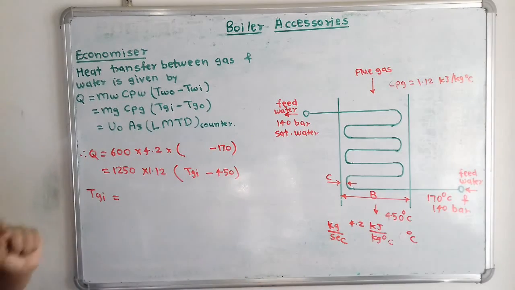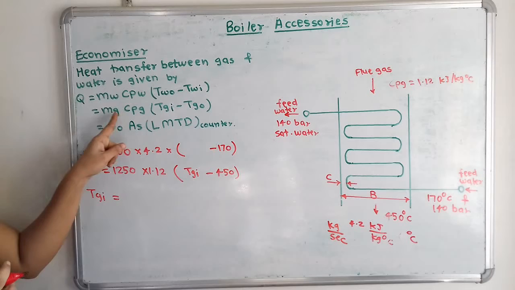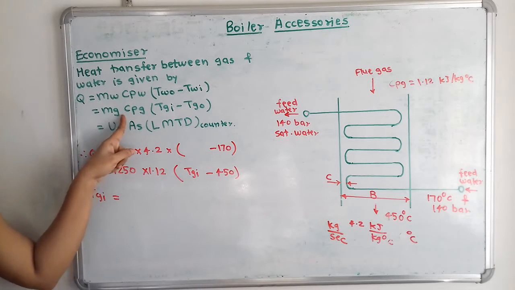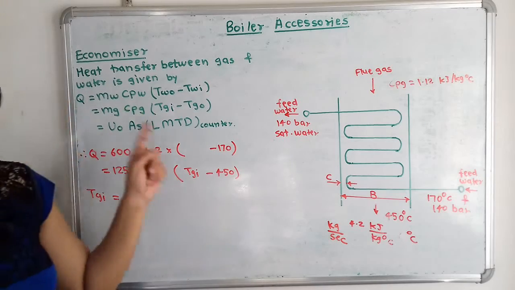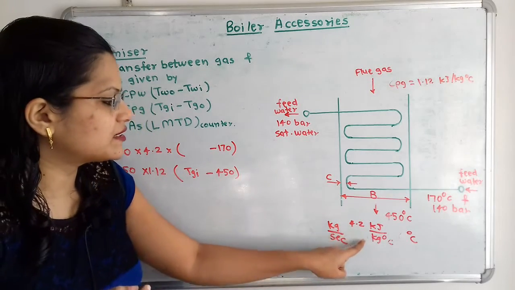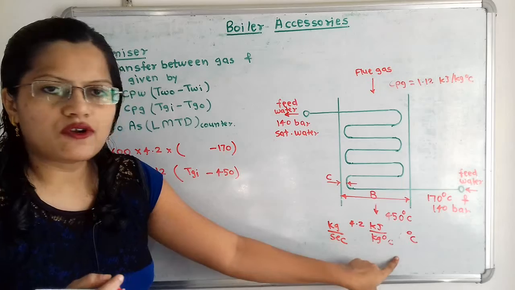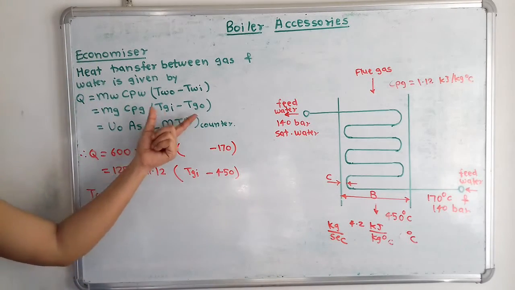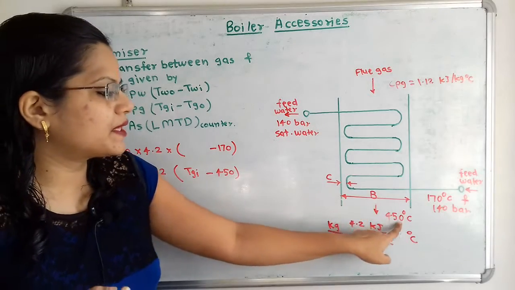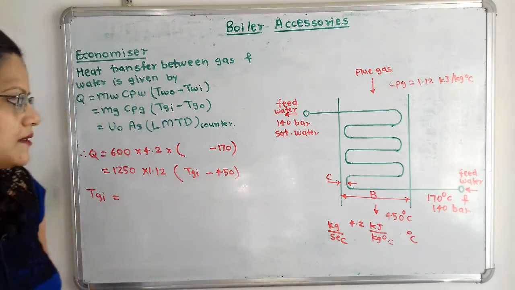Now next is mg, the mass flow rate of gas. It is also given in kilogram per second. Cpg is the specific heat of flue gas, given in kilojoule per kilogram degree Celsius, and here is the temperature difference. If we observe, the outlet temperature is given in degree Celsius.